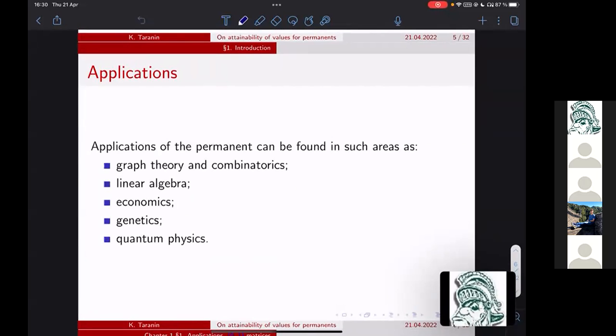Well, it turns out that permanent can be used, and it is used, in such areas as graph theory and combinatorics, linear algebra, economics, like that was inside mathematics, and now outside mathematics, also in economics, genetics, and quantum physics. And later I will tell about applications in economics and quantum physics. So in the first part of my talk about economics, and in the second part about quantum physics.